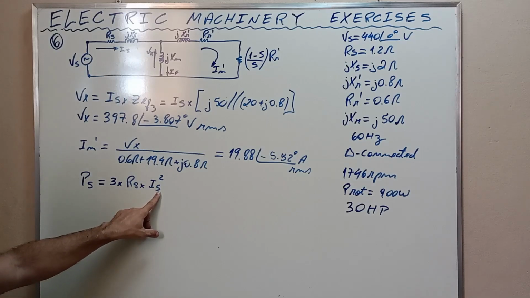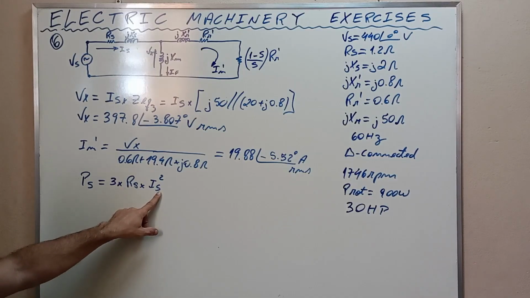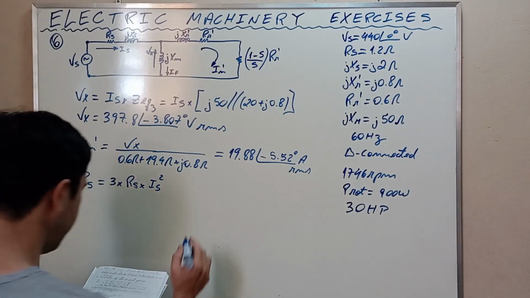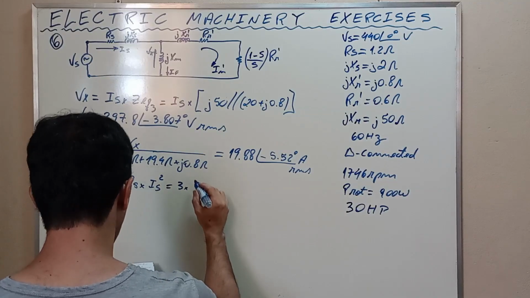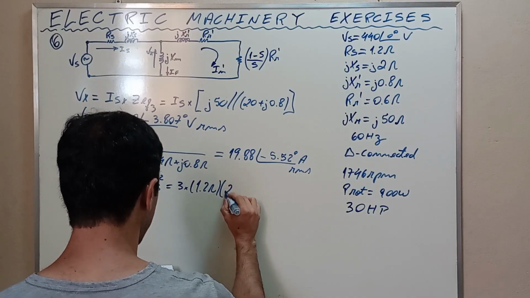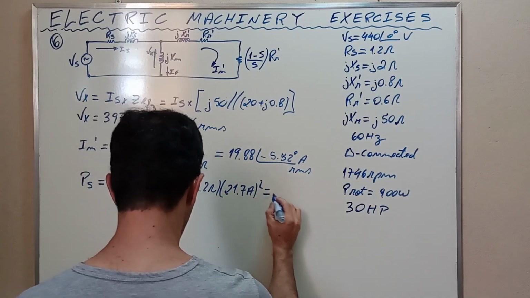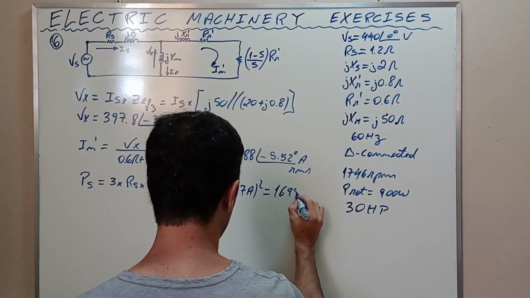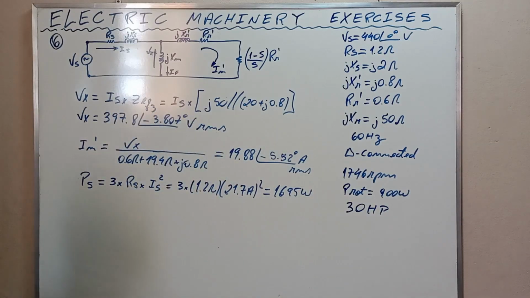This is equal to 3 times 1.2 ohms times 21.7 amps squared, which is equal to 1695 watts.